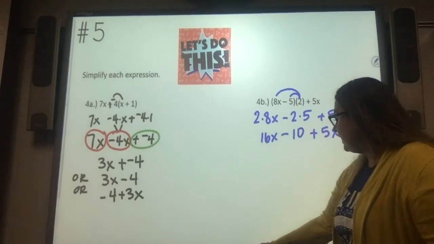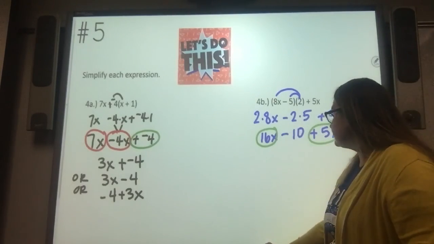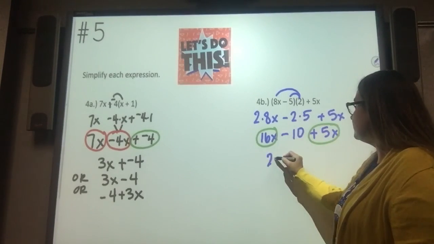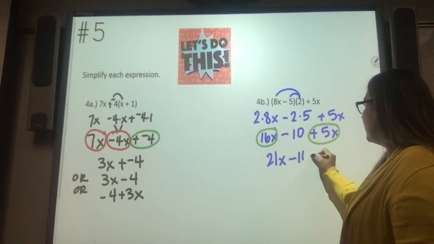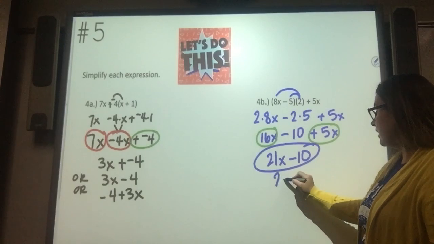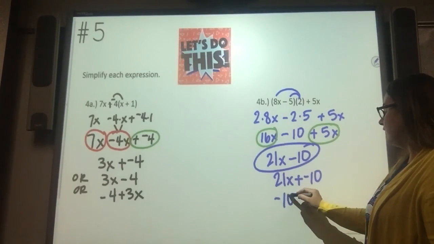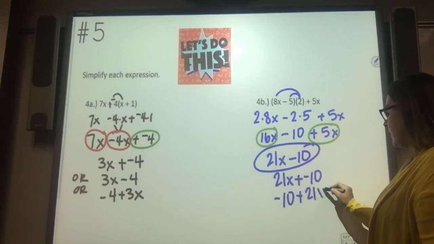We're going to combine the like terms. We have 16x and 5x. 16 plus 5 is 21x minus 10. That's my answer. Again, 21x plus negative 10, or negative 10 plus 21x.